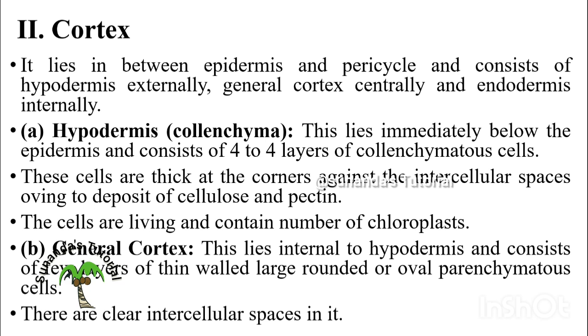Next, inner to the epidermal layer we have the cortex. It is subdivided into many layers, like the hypodermis, which is present inner to the epidermis and is collenchymatous in nature in case of dicot stem.